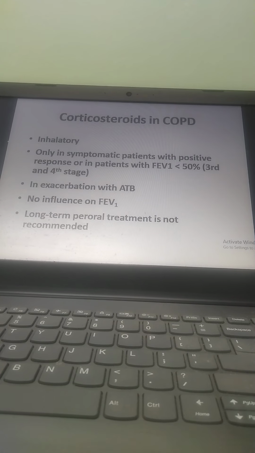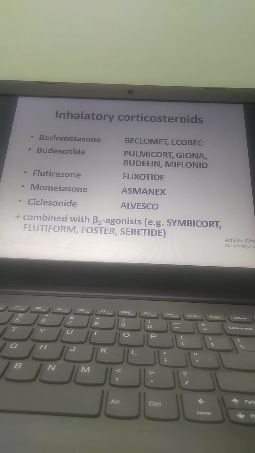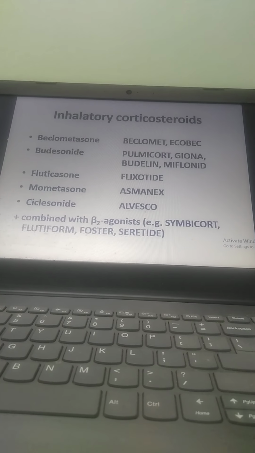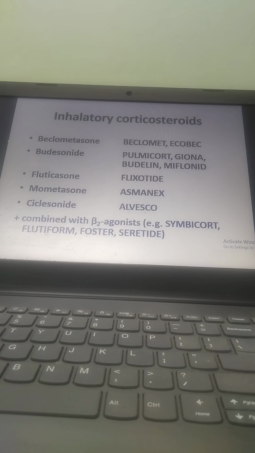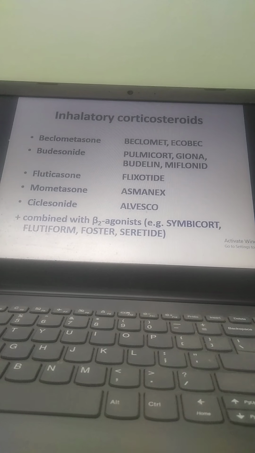Long-term per oral treatment is not recommended. Now, inhaled corticosteroids: we have beclomethasone, budesonide, fluticasone, mometasone, and ciclesonide. We can combine them with beta-2 agonists. I have already told you, we can combine these corticosteroids with the beta-2 agonists.